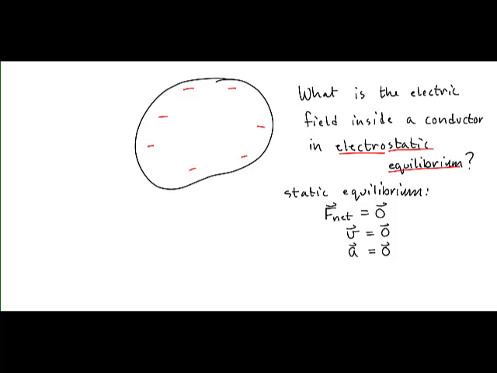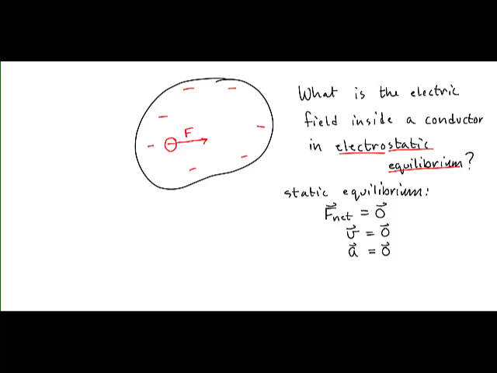Well, let's think about it. If we had a charge, let's say we had a charge right here. If this charge experienced a net force, it would begin to accelerate in the direction of that net force.